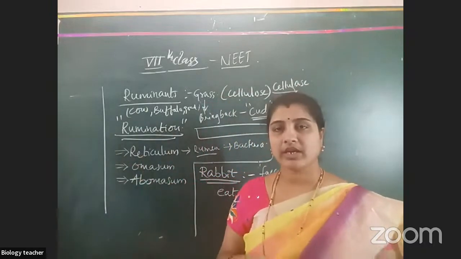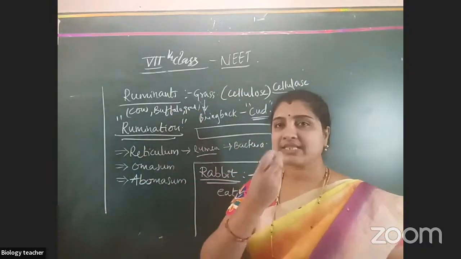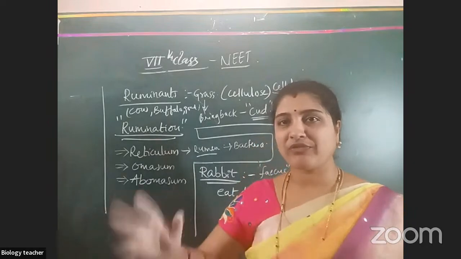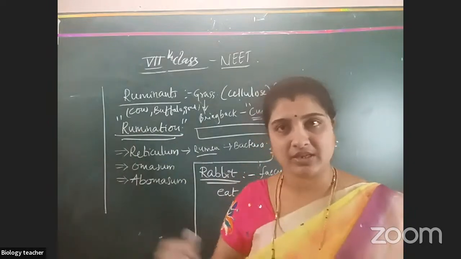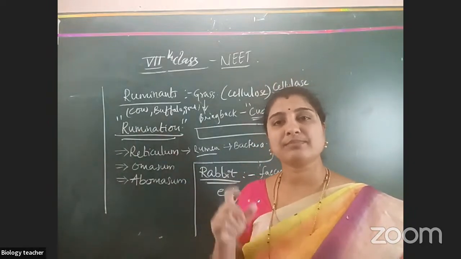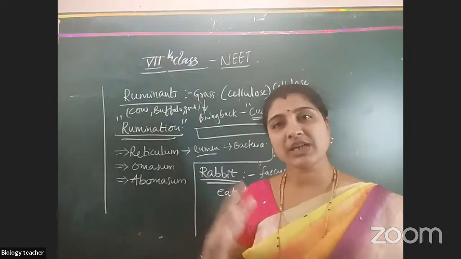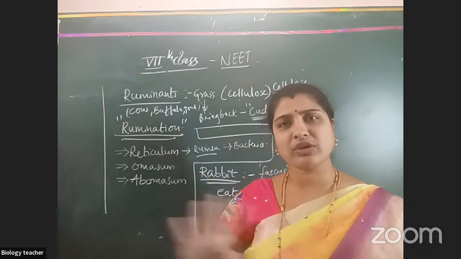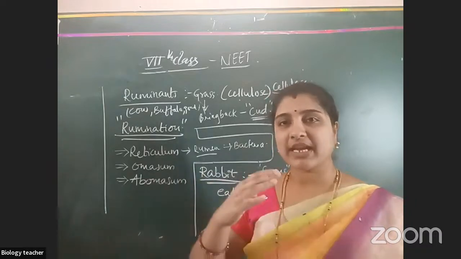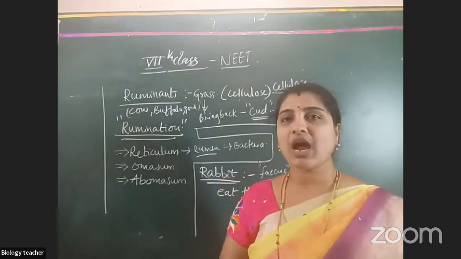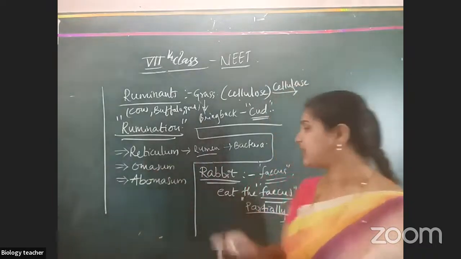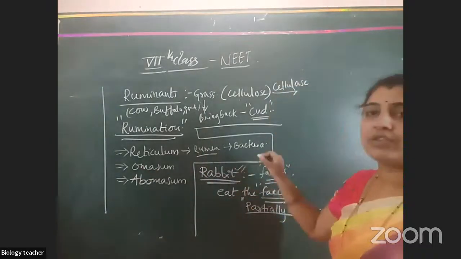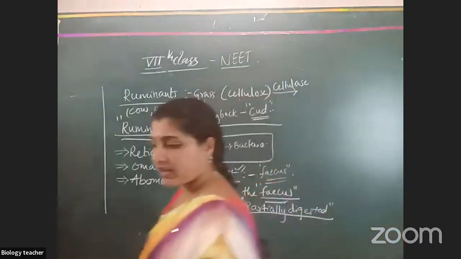It eats carrots and it will pass feces. Again, it will eat that feces, because it is partially digested, not totally digested. After eating it, the second time it will remove the feces, and at that time it won't eat. That is the speciality of the rabbit. So this is the nutrition in organisms.